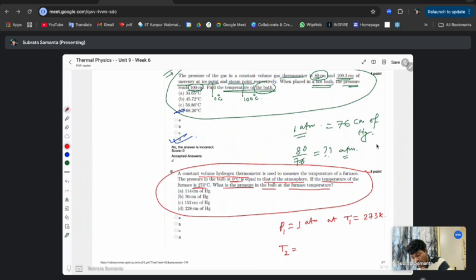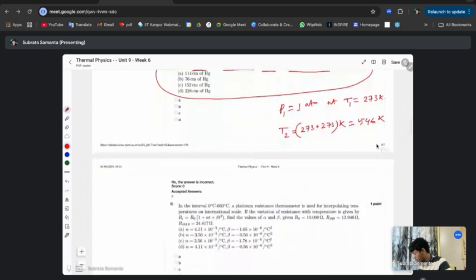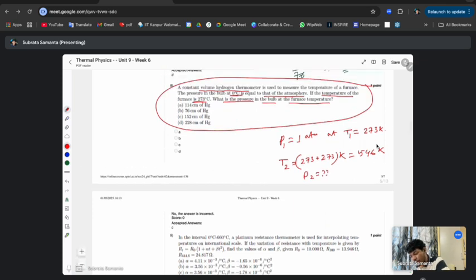So that means 273 plus 273 Kelvin, 546 Kelvin, right? Then what is the pressure P2? What is the pressure in the bulb at this furnace temperature T2, 546 Kelvin?